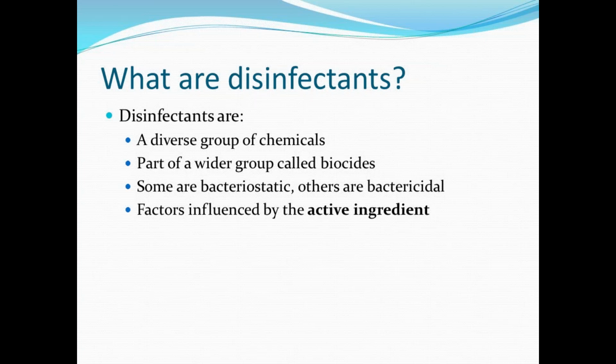Other disinfectants are bactericidal, and here they can destroy cells through different irreversible physicochemical mechanisms, including structural changes to the cell, like leakage causing the contents to fall out, coagulating the cytoplasm, or causing the cells to lyse, almost explode from the inside out.